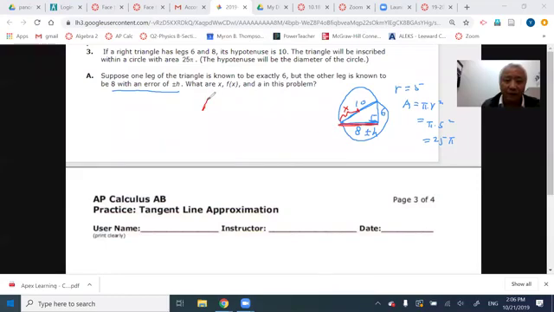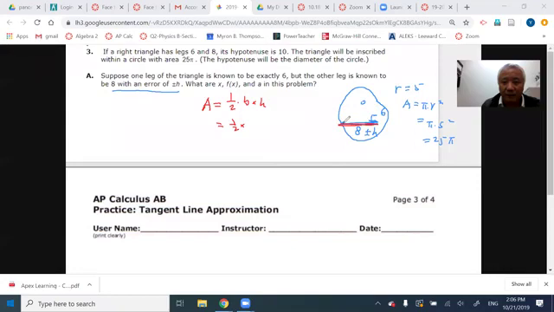Area of triangle equals what? 1/2 base times the height, right? Okay, this is the 1/2. The base, we consider it as x. You know why?